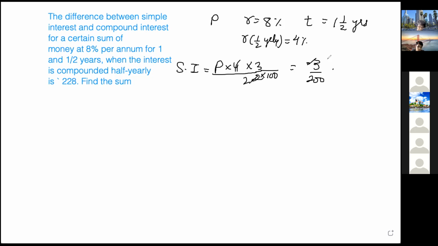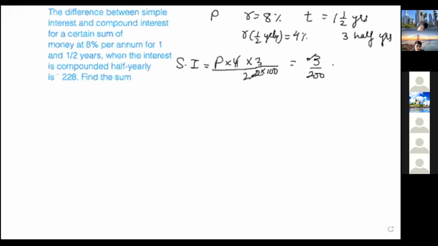Now calculate, just calculate. My pen is not working properly. Calculate the compound interest. Compound interest is P into 1 plus, again R is 4, so 4 by 100 raised to, this is half yearly. Half yearly is actually 3 half years. So this you have to calculate.